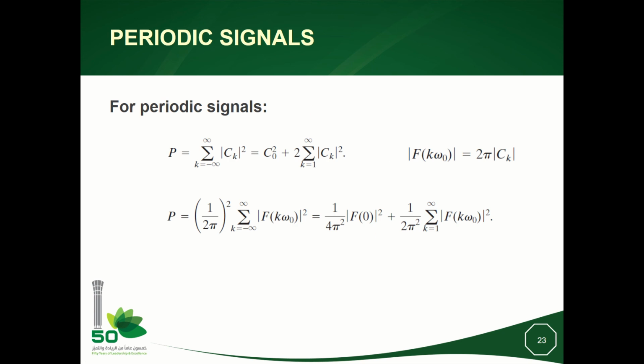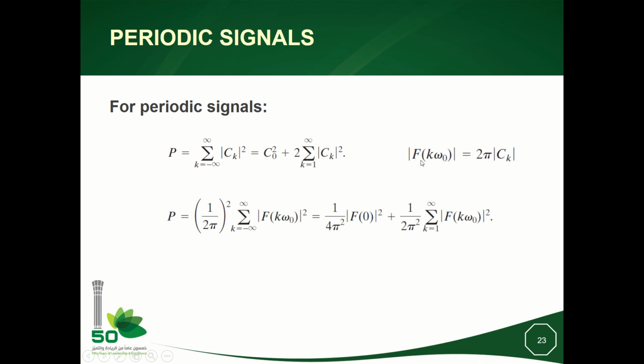As an application, if we focus on periodic signals, we know that the average power P will be the sum from minus infinity to plus infinity of |ck| squared. Okay, and it is c0 squared plus 2 times the sum from 1 to plus infinity of |ck| squared, because the amplitude when k is negative is equal to the same amplitude when k is positive.